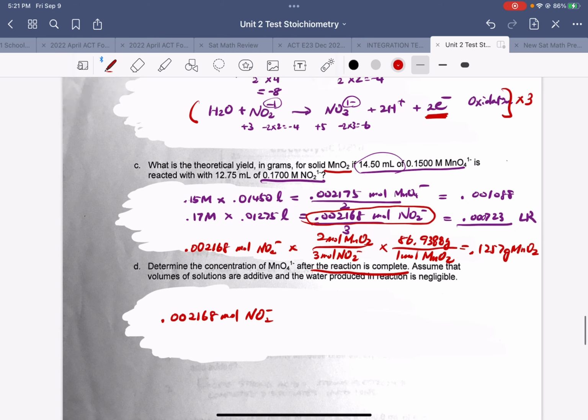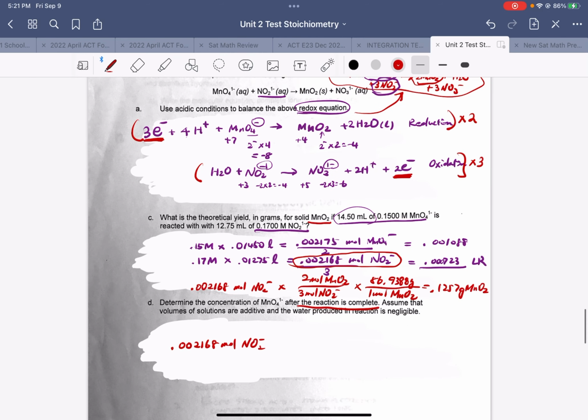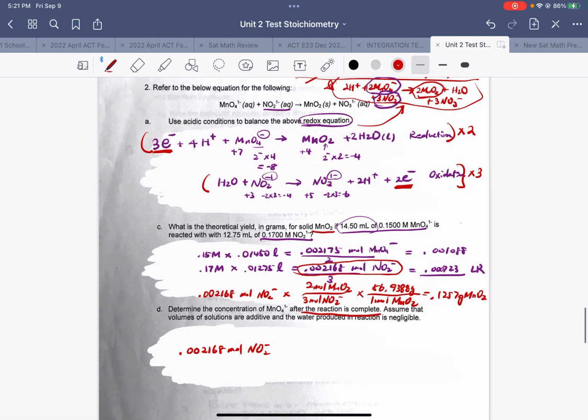Now we are looking for MnO4, right? So the ratio, if you look here, 3 NO2 and then 2 MnO4. So you can say times 3 mole of NO2 and then 2 mole of MnO4. Let's find out the mole first.